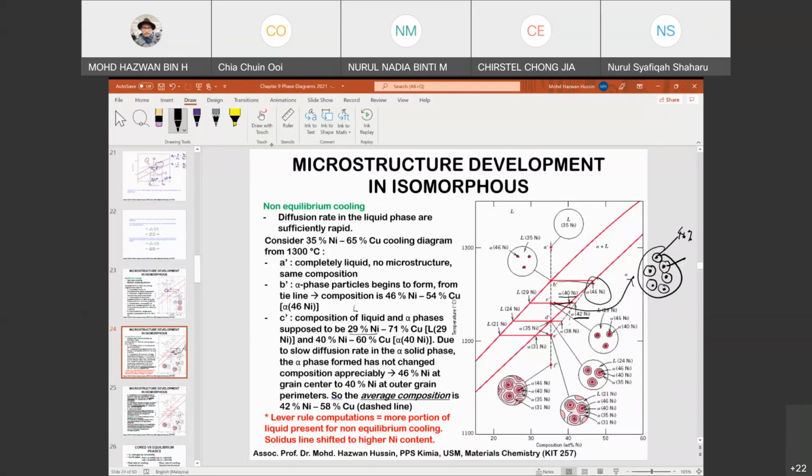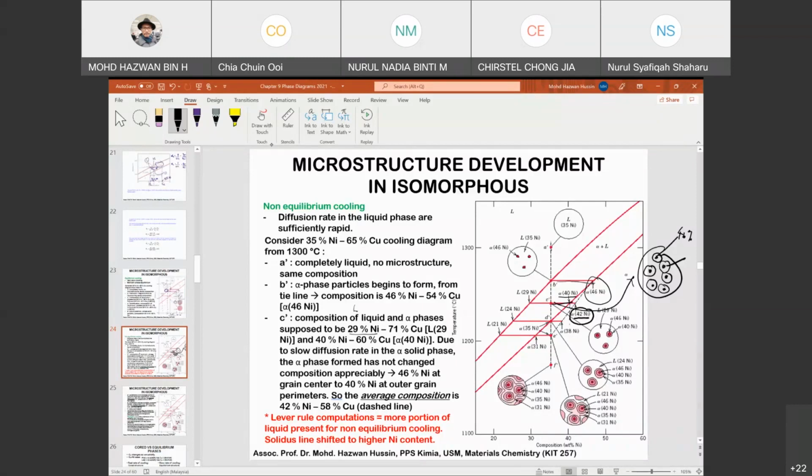Because you will see that over here, instead of the solidus line going this way, it is actually being dragged to go this way. But for those who didn't know how to read the actual composition of the C prime alpha, you can calculate the average.